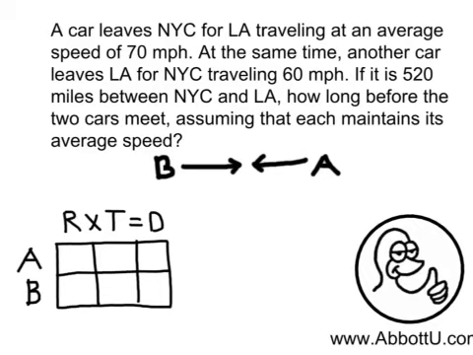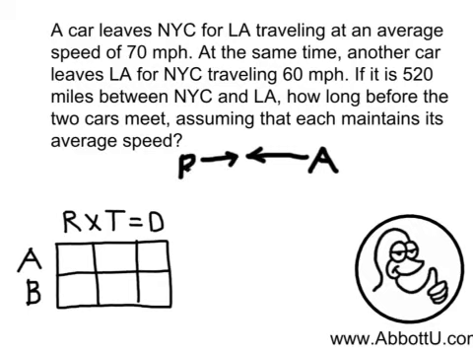So, you know what that makes me think? Let's have car A, the arrow emitting out of it, be a little bit longer than the one emitting out of car B. The reason is I want to make it clear that car A actually traveled a longer distance because car A is moving faster. So by the time the two cars meet, car A will have traveled a longer distance.